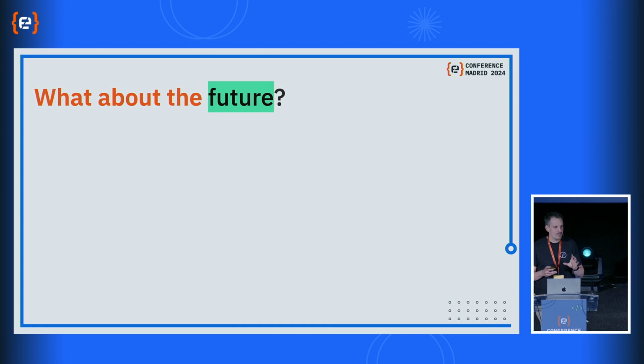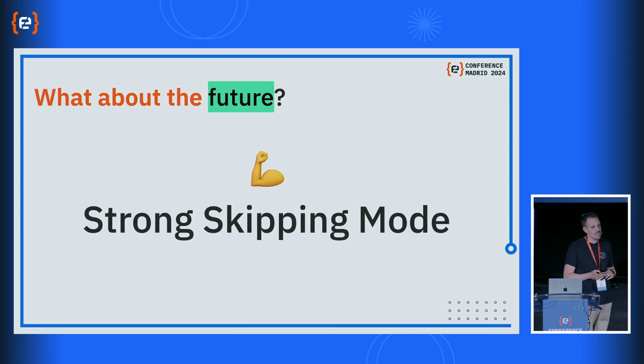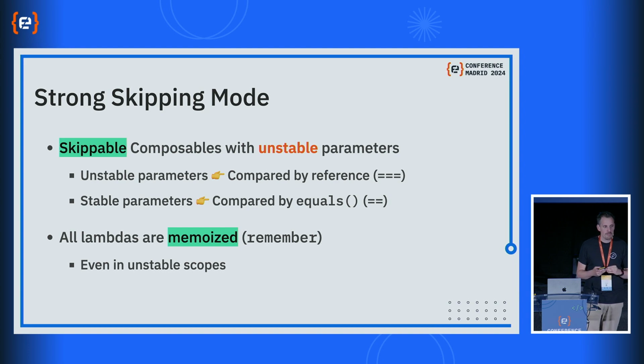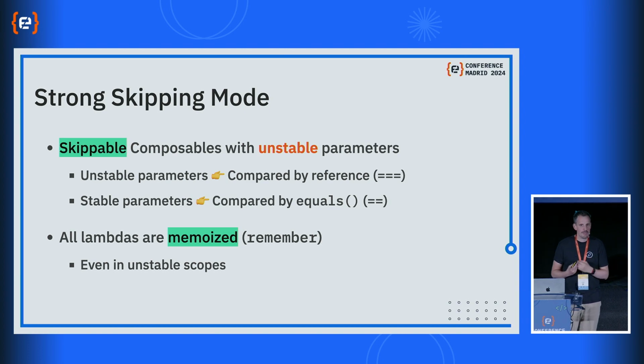And finally, I wanted to talk about the future, because very soon we are going to have the strong skipping mode that is going to solve many of these problems. The strong skipping mode allows skippable composables with unstable parameters. And how is this going to work?